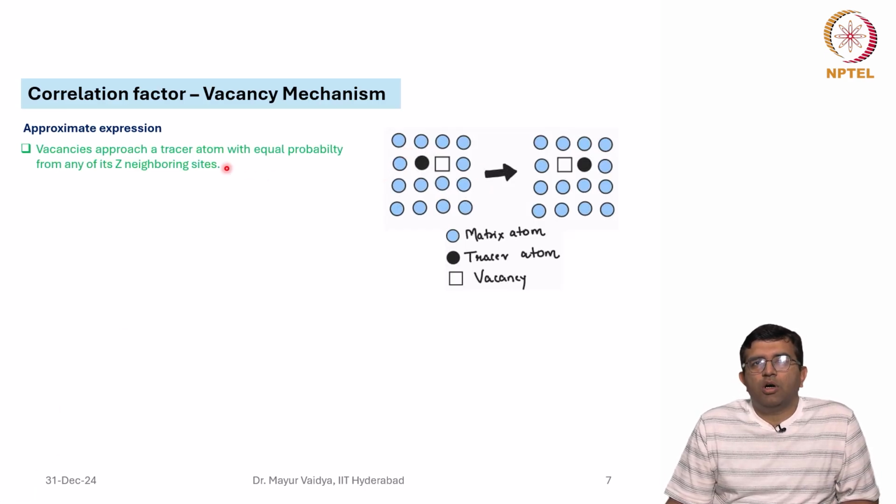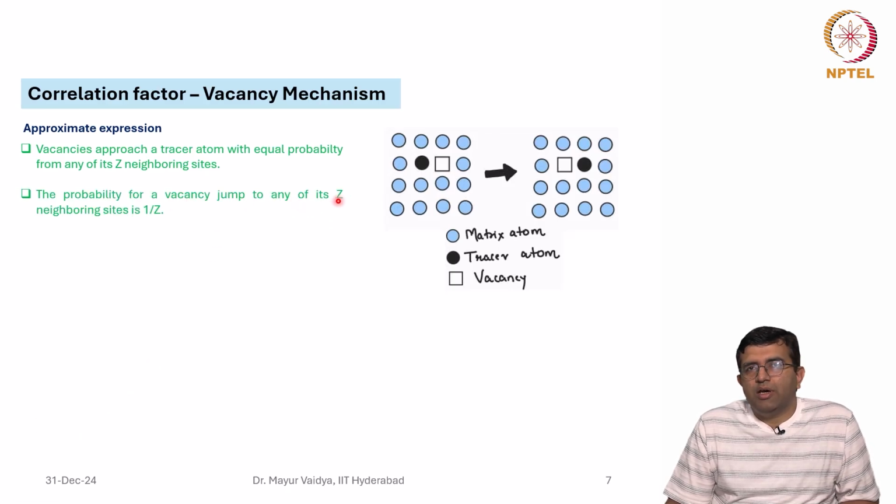So, vacancy will approach a tracer atom with equal probability from any of its Z neighboring sites. The probability for a vacancy to jump to any of its neighboring sites is 1 by Z. So, it can jump to any of these neighboring sites. The probability depends on the coordination number.